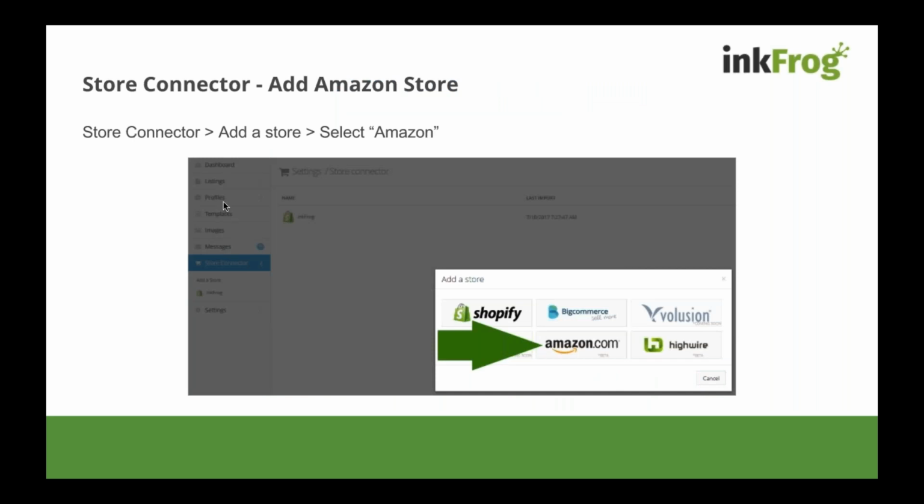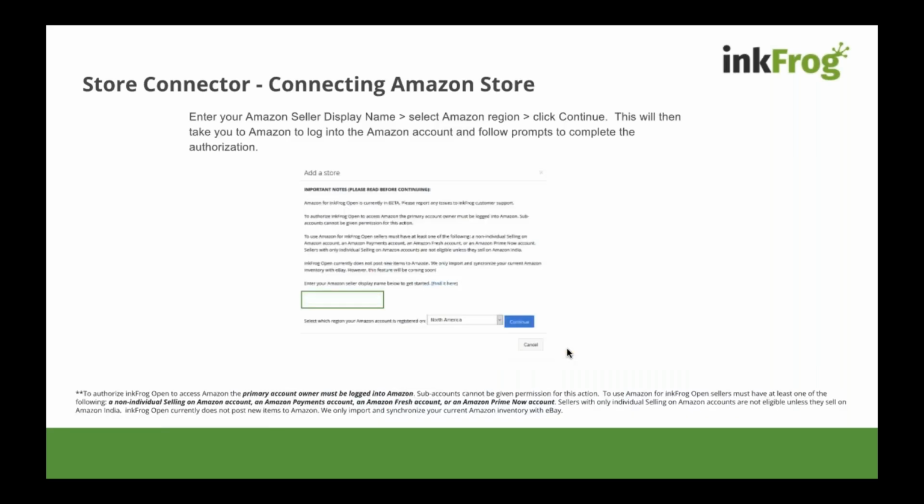From there, you'll go into your left-hand panel in inkFrog. You'll click on Store Connector, click on Add a Store, and then click the option for Amazon. Once you click the option for Amazon, it'll take you to the steps to connect your Amazon store and provide authorization.